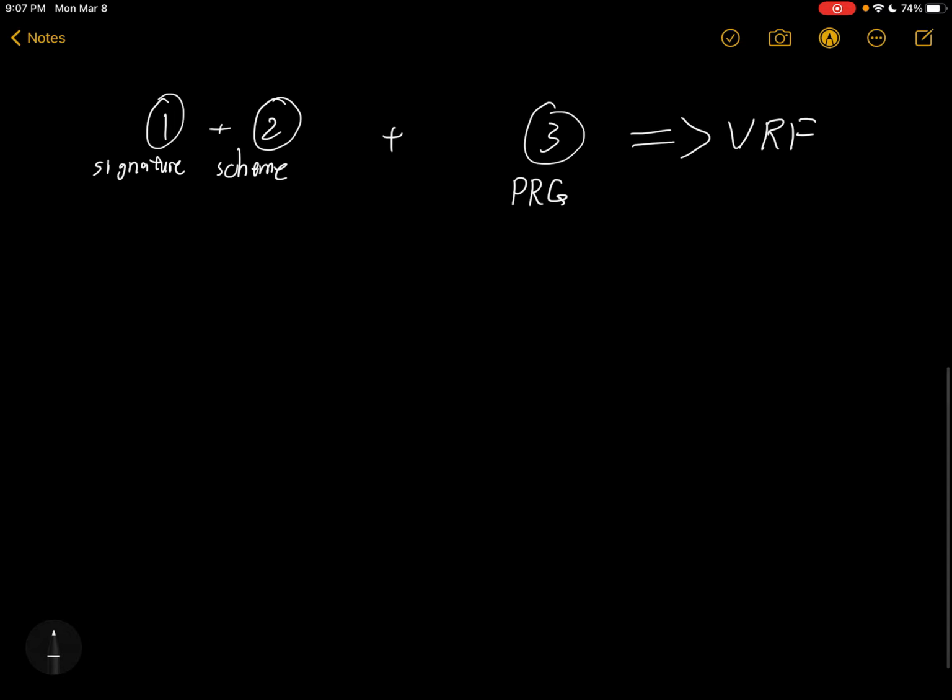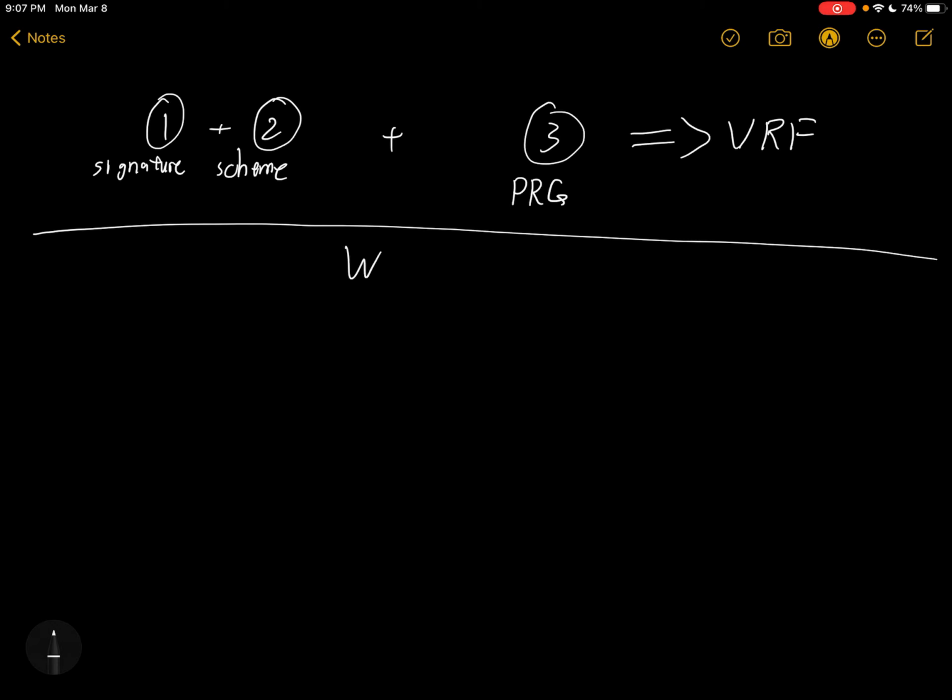Okay, lastly, I wanted to motivate all of this discussion. So why do we care about verifiable random functions? What makes them useful or interesting or compelling? So imagine we have a distributed environment. In other words, we have a collection of participants who are coming together to try to produce some sort of useful computation.